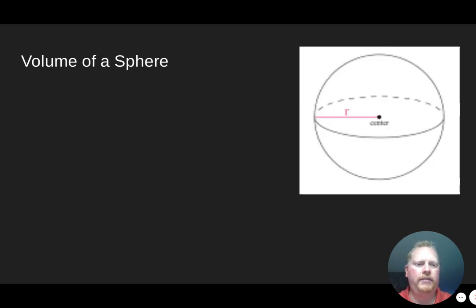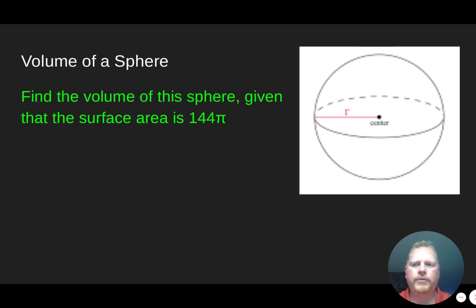Okay, so here we have another sphere, but it doesn't tell us what the radius is. So find the volume of the sphere given that the surface area is 144 pi. All right, so here we go. They're making us work to find what the radius is. What they do give us is the surface area. So let's take the surface area formula. Let's plug in that 144 pi for the surface area.